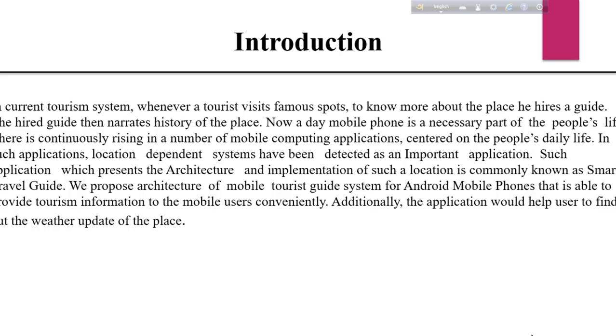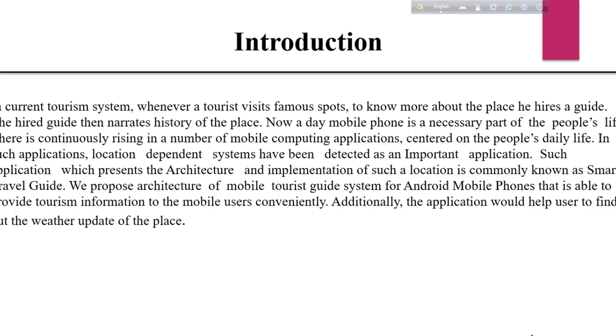from the guide. But nowadays, everybody knows that mobile phone is a necessary part of people's life. There is a continuous rise in the number of mobile computing applications centered on people's daily life. In such applications, location dependent systems have been recognized as an important application. Such an application is commonly known as a smart travel guide.